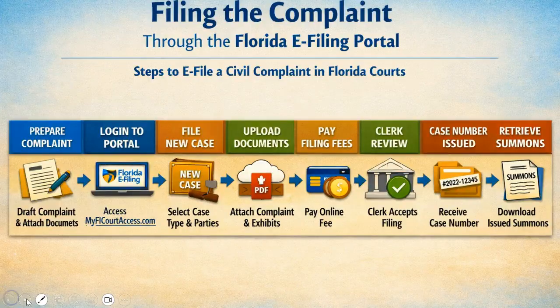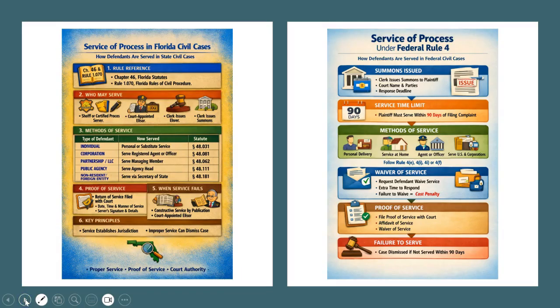All right, let's see. So service of process. This is a topic that is a big job of the paralegal, to make sure they're doing the service of process right. And I know that lawyers do count on you to do that. It's Chapter 48 of the Florida Statutes and Rule 1.070 of the Florida Rules of Civil Procedure.